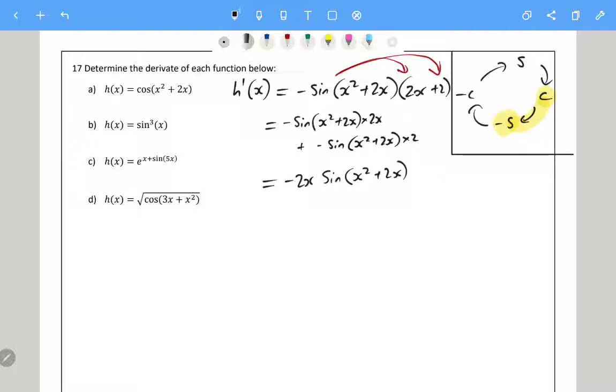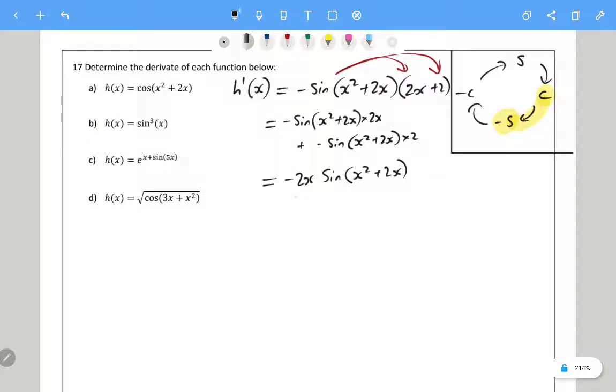By convention, we always write, in order, constants, any polynomial terms, so x squareds, any exponential terms, e to the x's, and then any sine, trigonometric stuff afterwards. Alrighty. Plus minus is just minus 2 sine of x squared plus 2x.